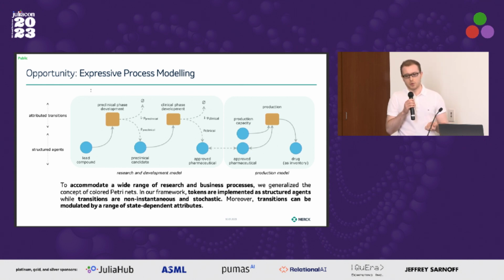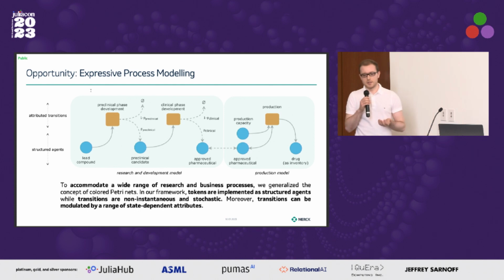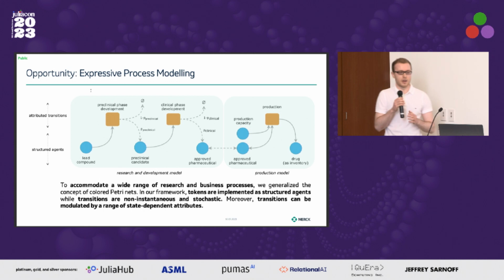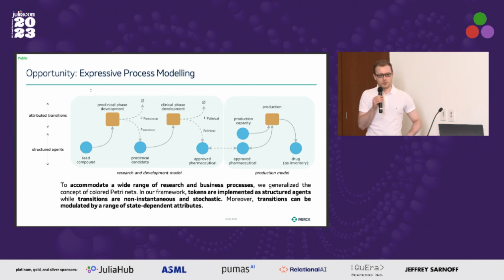First, we wanted to make the entities more granular. The entities can be thought of as generalized agents which are structured and have their own identity. Then the transitions, or the rules that move these entities, can have further attributes, for example the duration of the transition, or some maximum number of transitions occurring in a time unit, or some cost which is incurred by the transition, and so on.